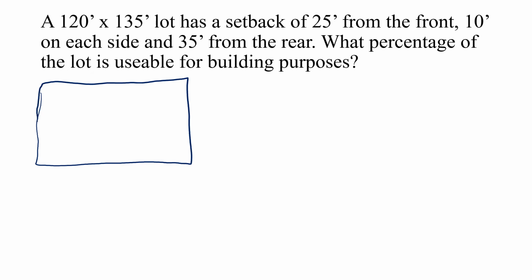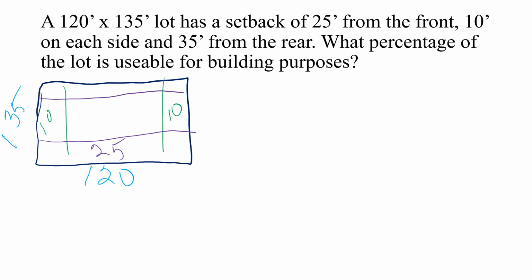And we know this is 120 and this is 135. And we're going to take 10 off the sides, and then we're going to take 25 from the front, and we're going to take 35 from the back.